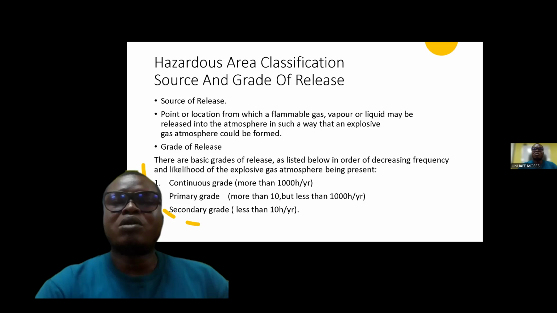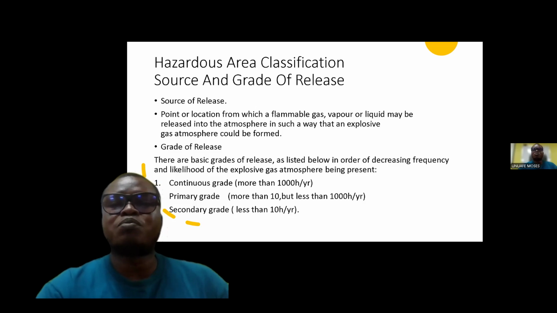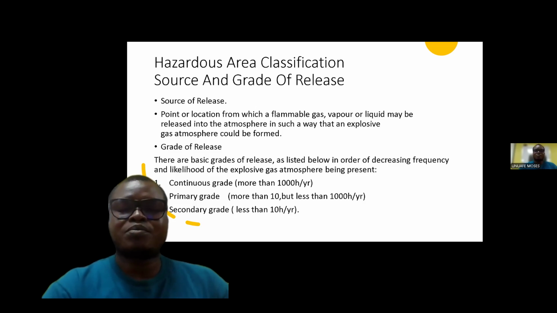Secondly, regulatory compliance, to ensure that we align with global standards like IEC, NEC, and ATEX. Most importantly, personnel safety, to protect workers from hazardous exposure and accidents.